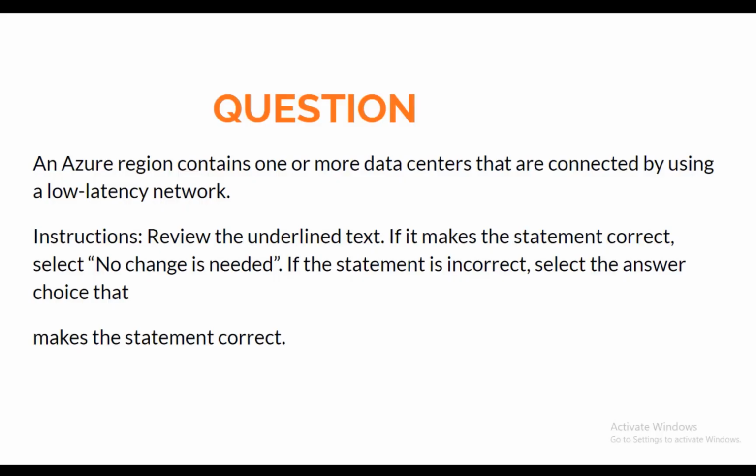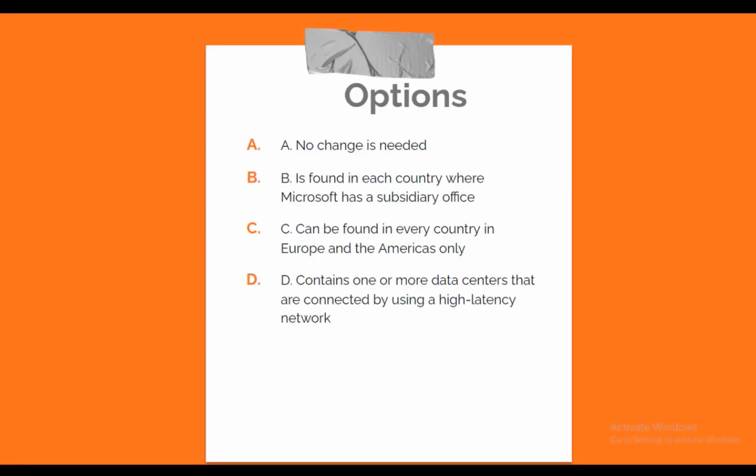Next question. An Azure region contains one or more data centers that are connected by using a low latency network. Instructions: review the underlined text. If it makes the statement correct, select no changes needed. If the statement is incorrect, select the answer choice that makes the statement correct. And here are the options. Option A, no changes needed.